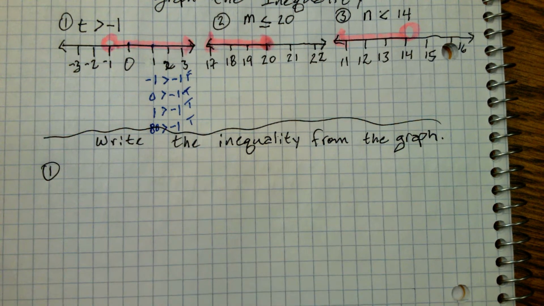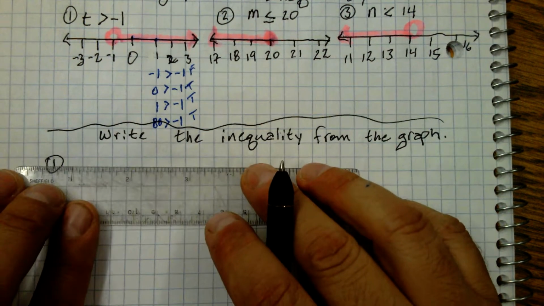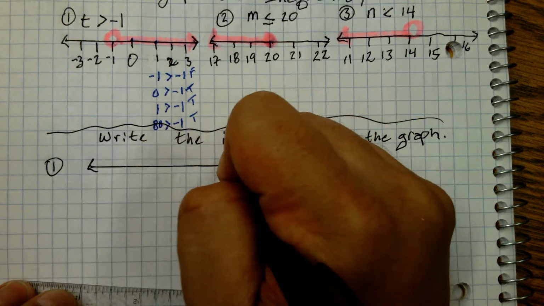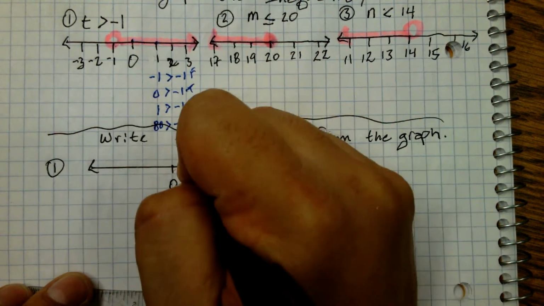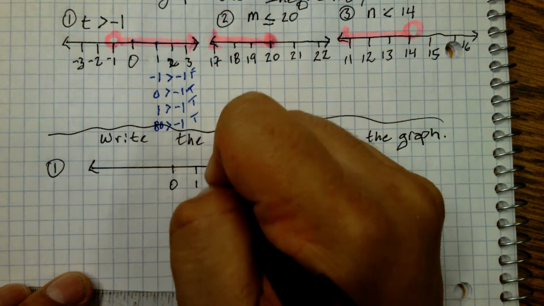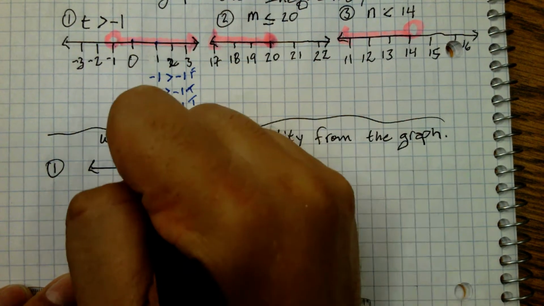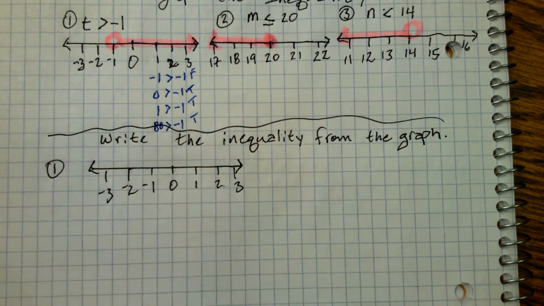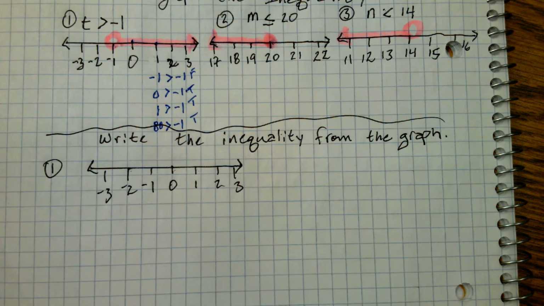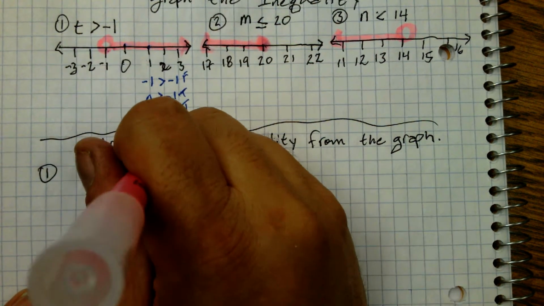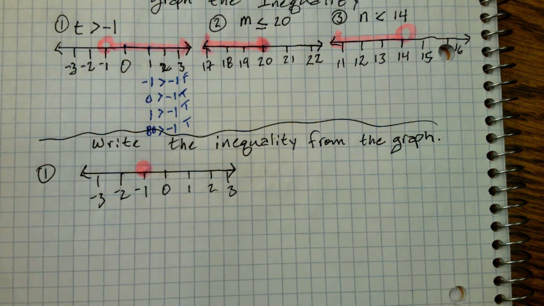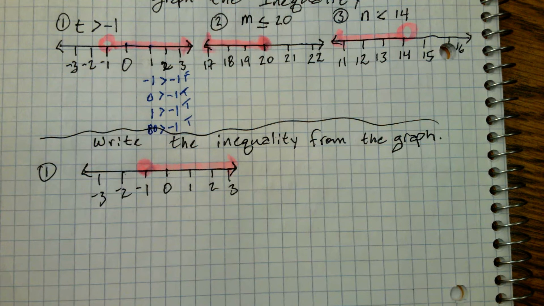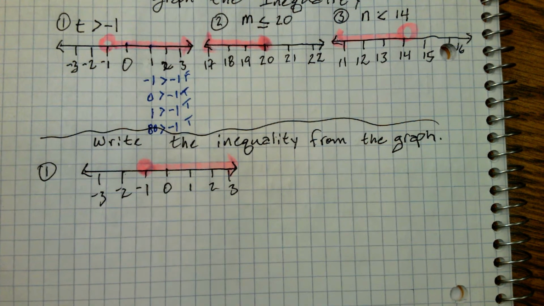Let's say I give you this inequality. Let's all draw this inequality. Zero, 1, 2, 3, -1, -2, -3. And we're going to do this. A closed point right there. And everything in this direction. Okay?